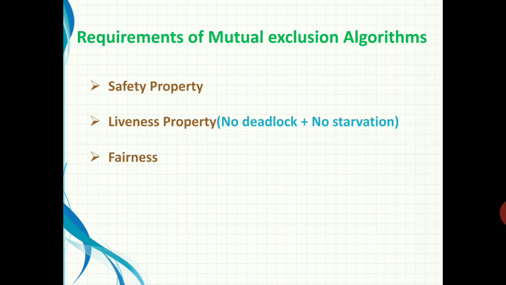There is fairness in the system, because we are allowing the sites to enter the critical section based on the logical clock value. If two processes have the same timestamp, then we give the chance to the lower process number. So there is no chance of two processes with the same logical clock and the same process number. So only one process can enter the critical section at the same time.